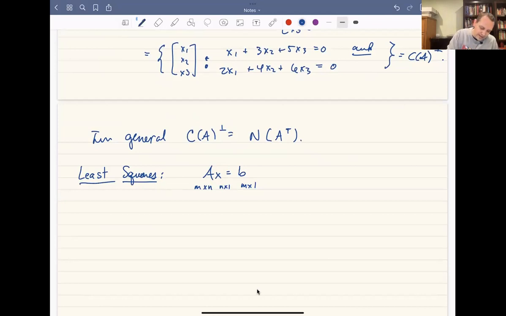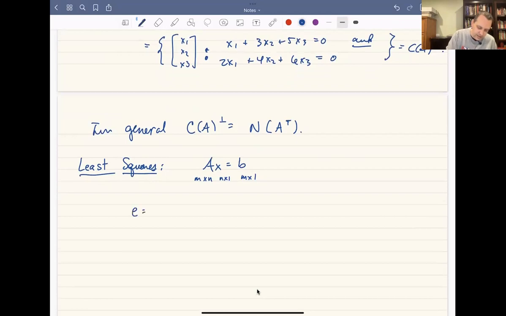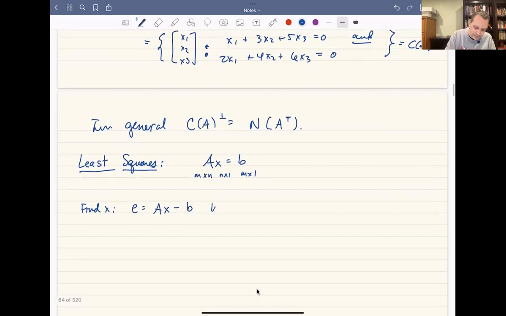What I mean by best is if I let E be the error, in other words, the value AX minus B, what I want to do is find the value X so that E has a minimal length. So we want to talk about the minimal length of E. Here we're talking about the length of a vector.